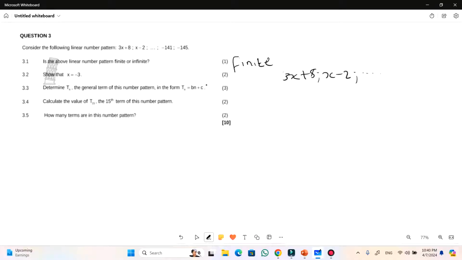They say show that x is equal to negative 3.